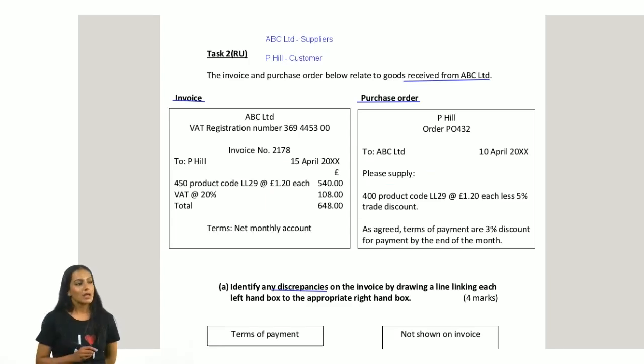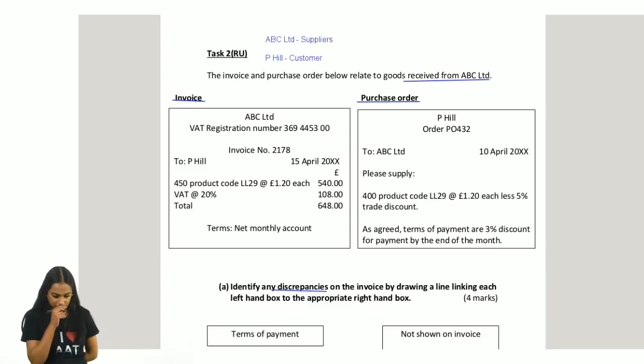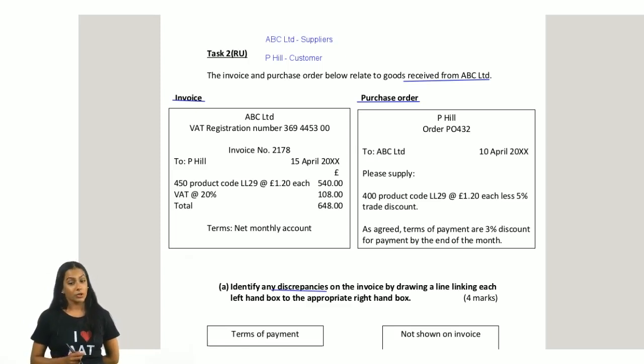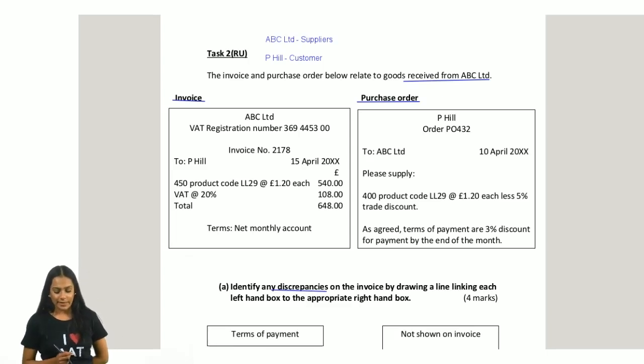Okay, and it says please supply 400 units of product code LL29 at 120 each, less 5% trade discount. As agreed, terms of payment are 3% discount for payment by the end of the month.